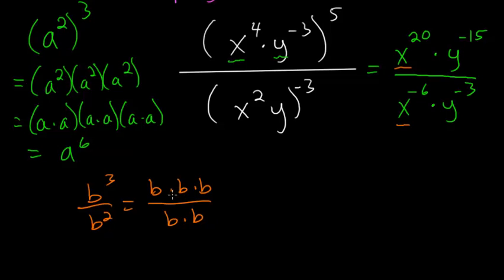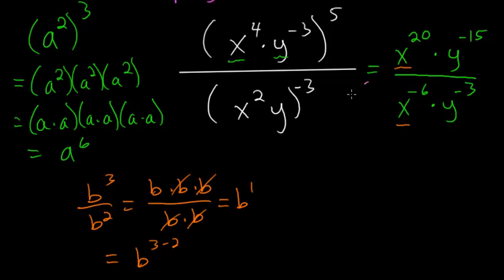Notice that we can cancel out 2 b's from the numerator with 2 from the denominator, so that we're left with just b to the 1st. The general rule when you're dividing exponents that have the same base is that you subtract the exponents. So this is really just b to the 3 minus 2, or b to the 1st.